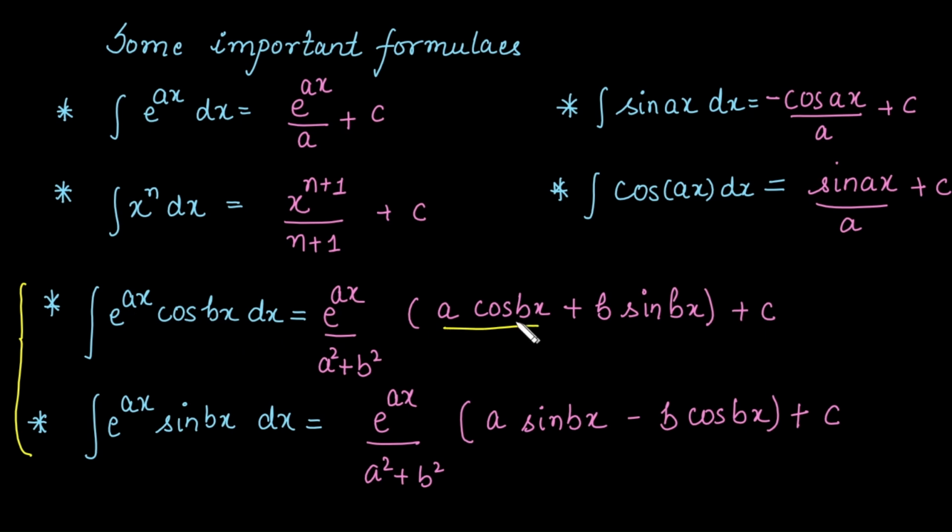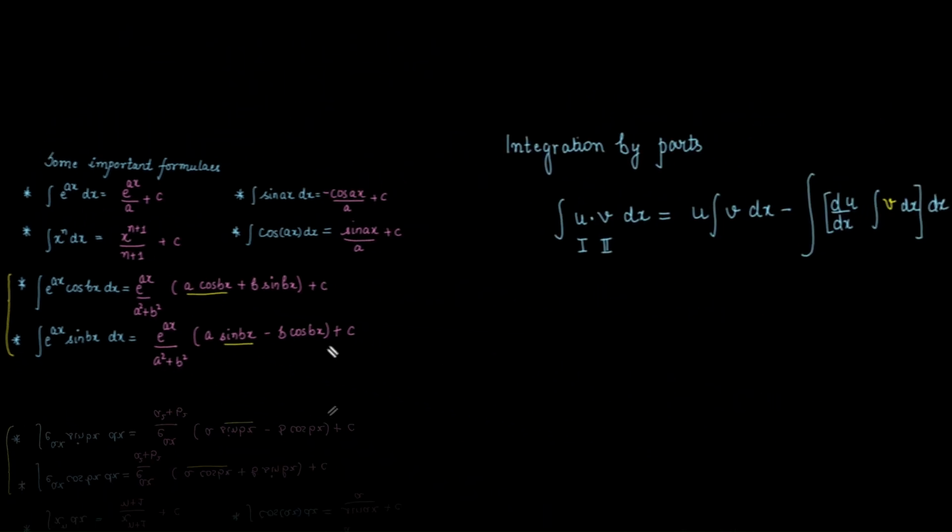This term is as it is but multiplied by the coefficient of x in the exponential, and same sin bx as it is but multiplied by the coefficient of x in the exponential, plus b times sin bx, and here minus b times cos bx.